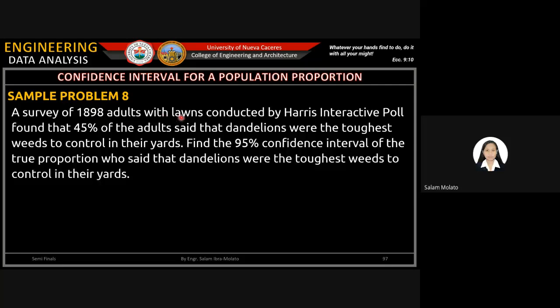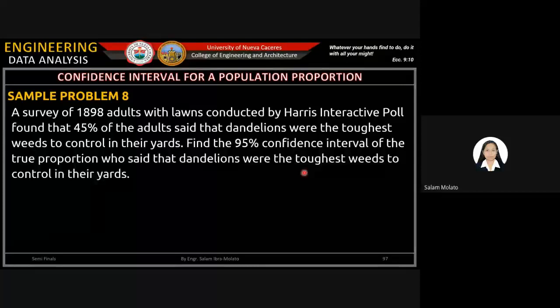Okay, a survey of 1898 adults with loans conducted by Harris Interactive Poll found that 45% of the adults said that dandelions were the toughest weeds to control in their yards. Find the 95% confidence interval of the true proportion who said that dandelions were the toughest weeds to control in their yards.